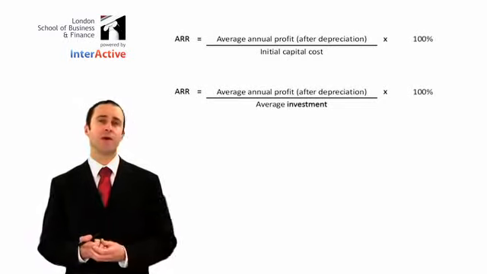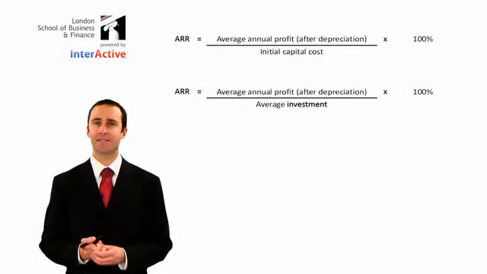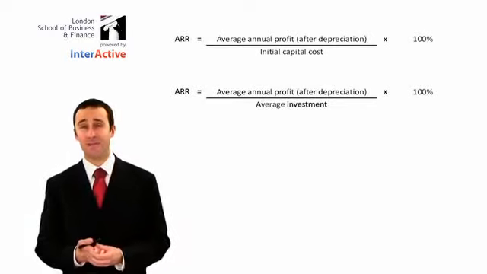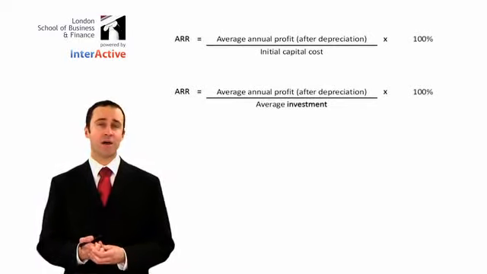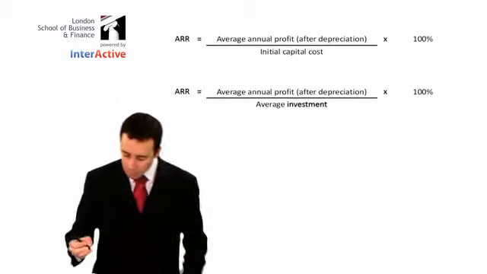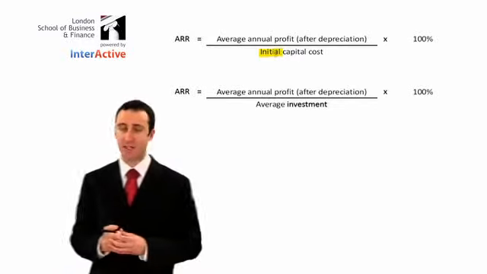We've got 2 formulae based upon different ways of calculating your accounting rate of return, neither of which you'll be given in any formulae sheet within the exam. Why? They are very, very straightforward. So, first of all, our first ARR calculation is going to be based upon what we refer to as your initial investment.